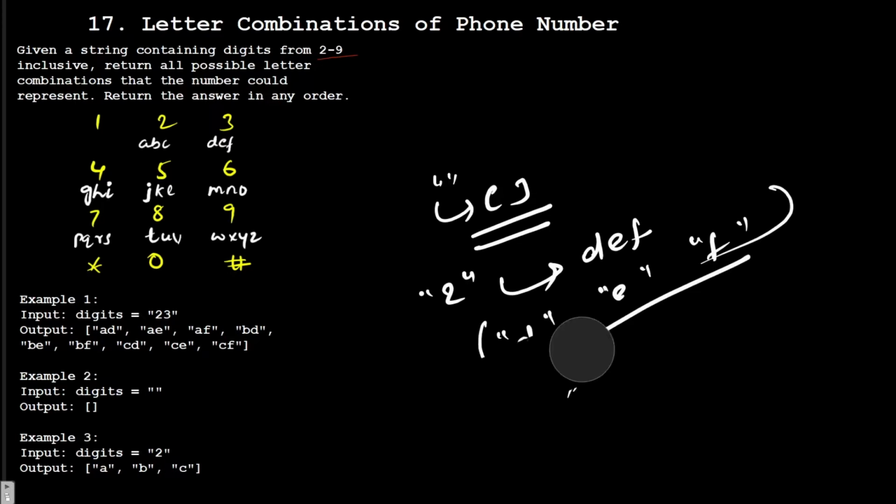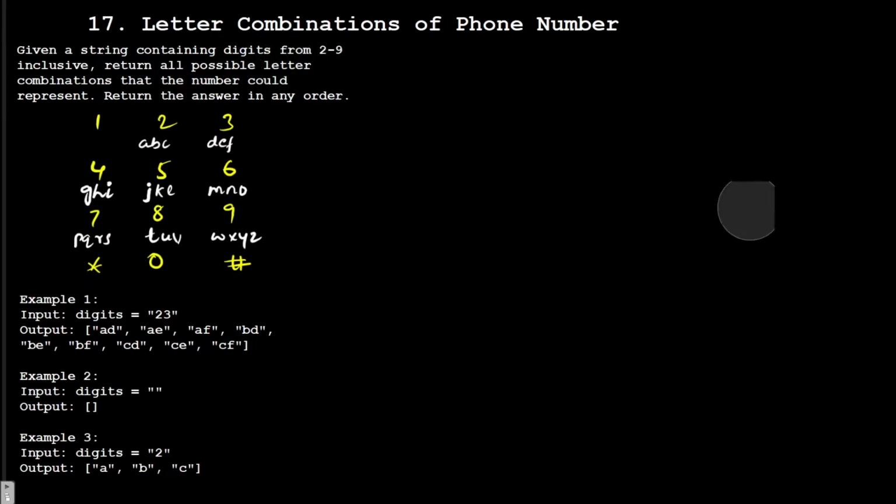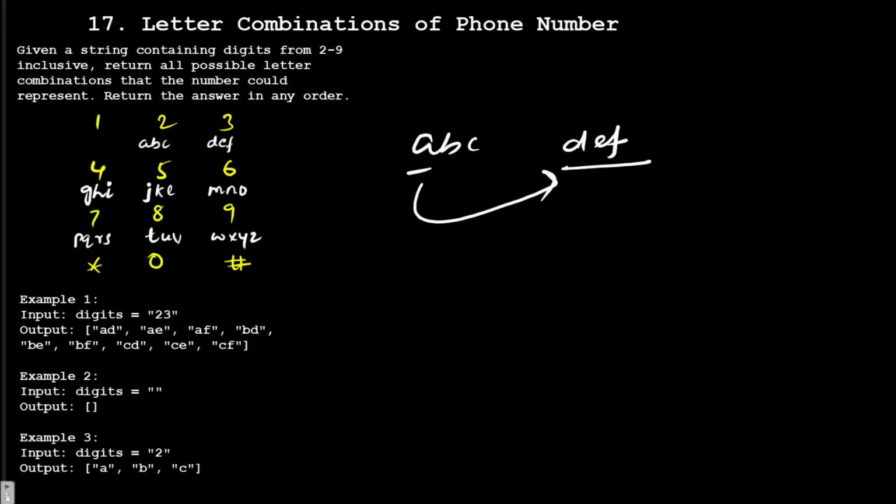Now let's solve this. There can be multiple ways that we can solve this problem. One way is, as I explained, like you have a b c and d e f. Keep one character and then combine all the characters of the second number, and whatever result is coming, store that, and then take the second character and append all the characters from the second number and store this.